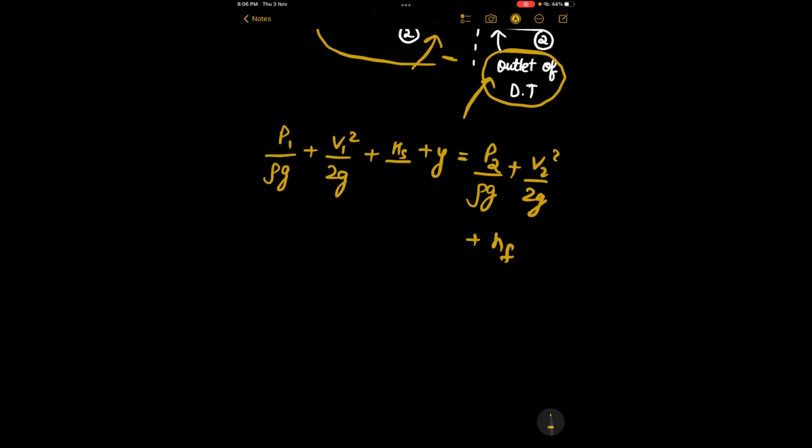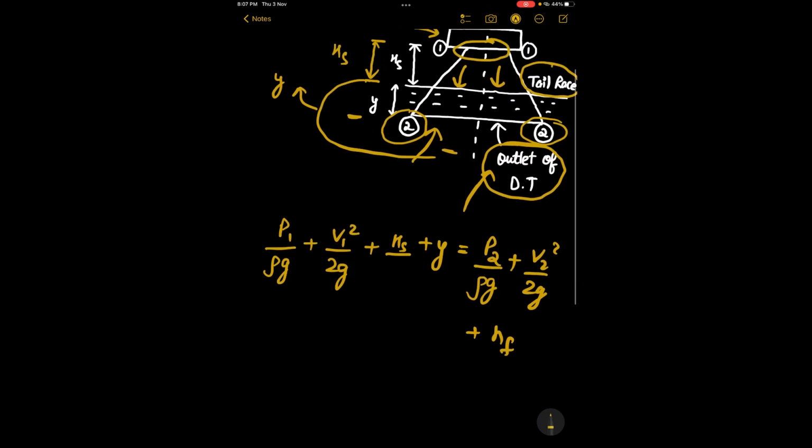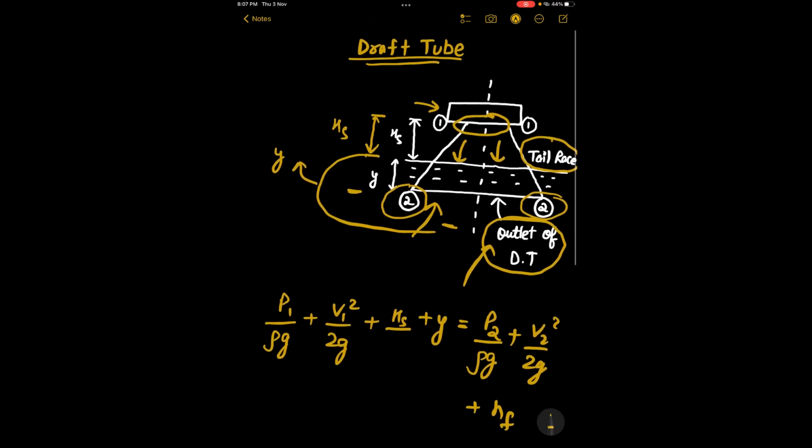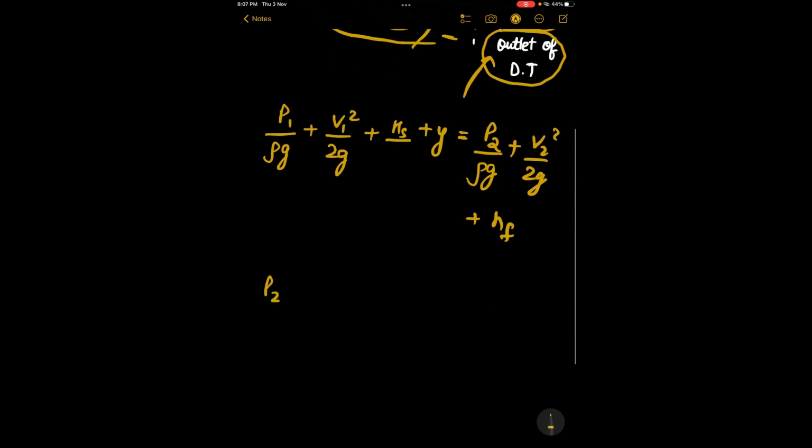If you look at P2 by rho g, the pressure head at this section, this is nothing but the sum of the atmospheric pressure head, that is on the tail race, plus the pressure head due to this depth. So I would say P2 by rho g equals Pa by rho g plus y.